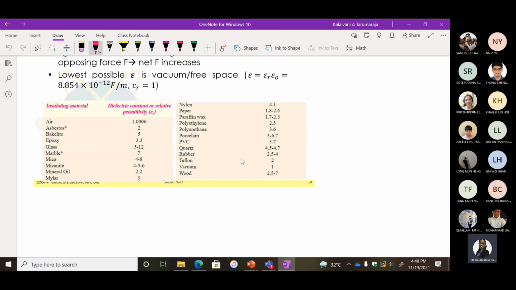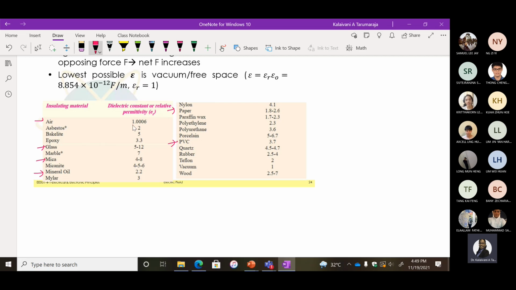In the pink box, they define it based on the permittivity, so permittivity based on the material. For example, they list air, glass, mica, even mineral oil, paper, and PVC. Each material they listed has a permittivity, and this is a relative permittivity.